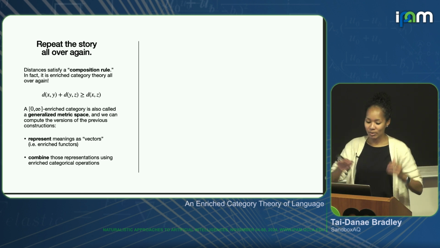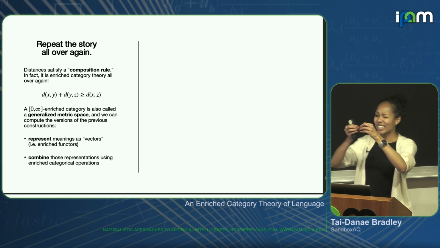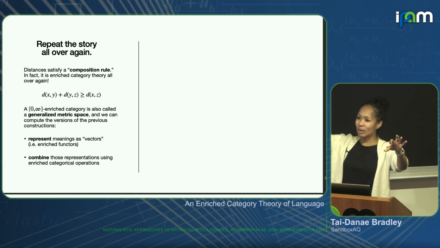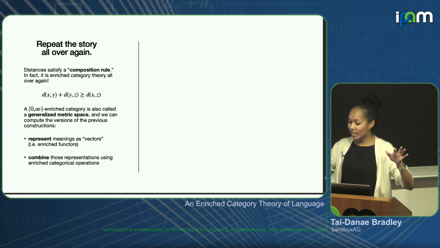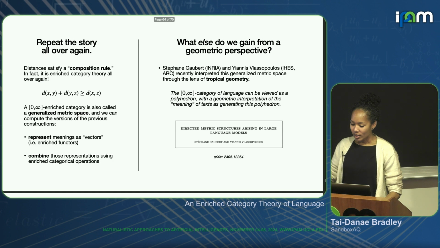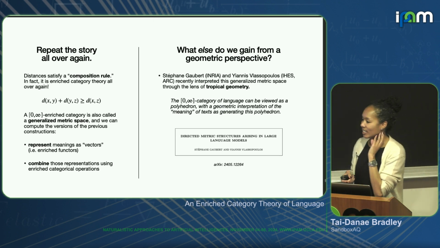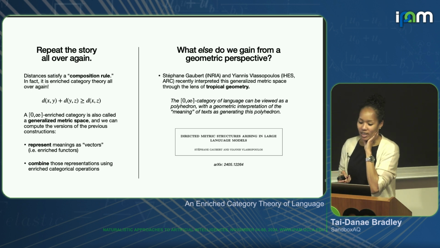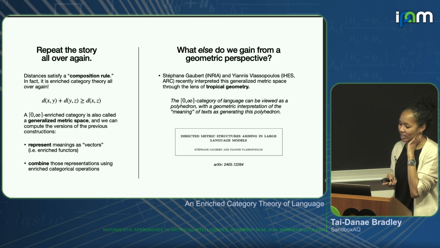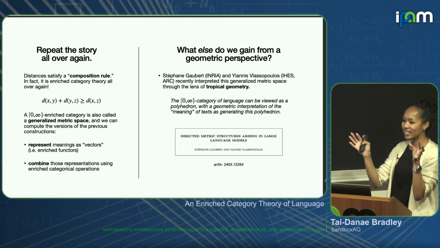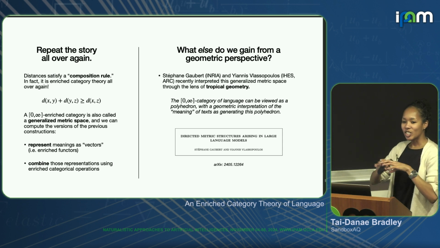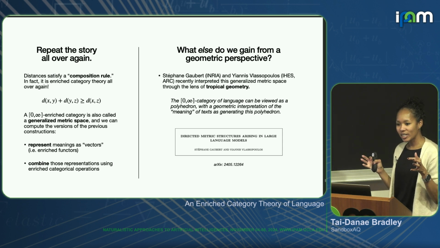If you like to think from a geometric perspective, you can think of the distances between the meaning representations of different strings, and maybe that gives some insight. One example, just really quickly: Yannis Vlasopoulos, who I mentioned earlier, together with Stefan Gobert, another mathematician, recently reinterpreted this generalized metric space of language in terms of tropical geometry.